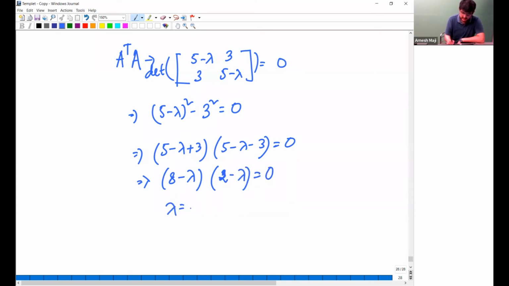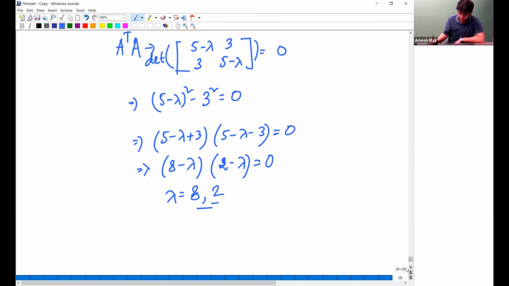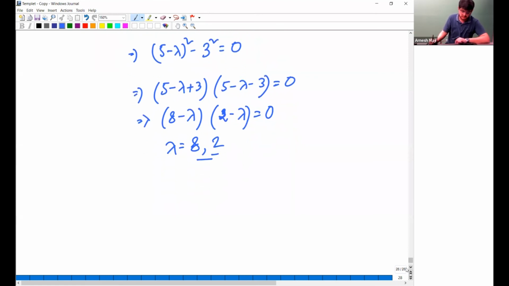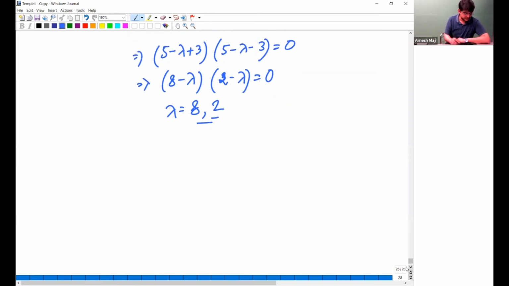So the two eigenvalues of this matrix are 8 and 2. Now the corresponding eigenvectors.